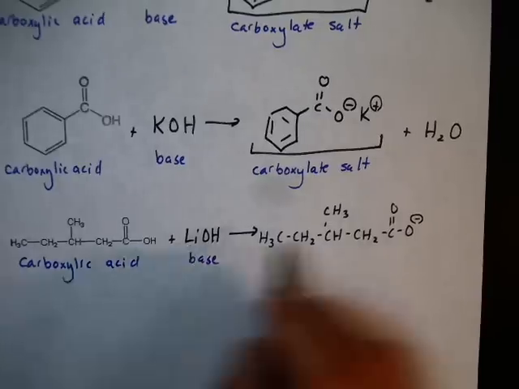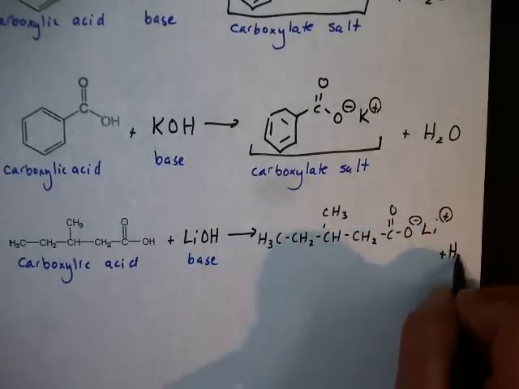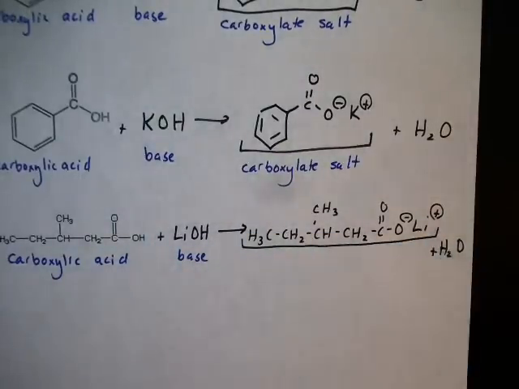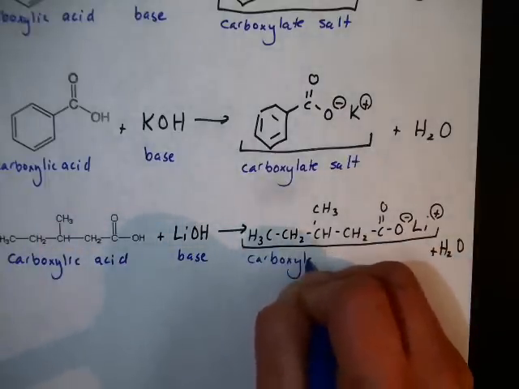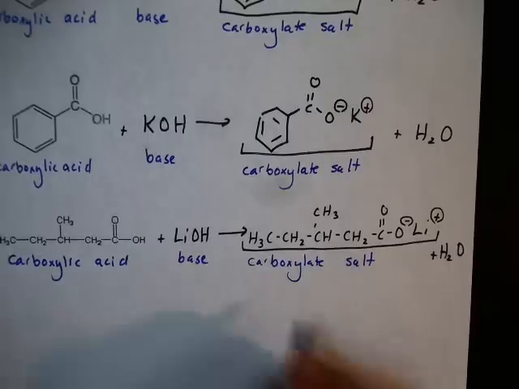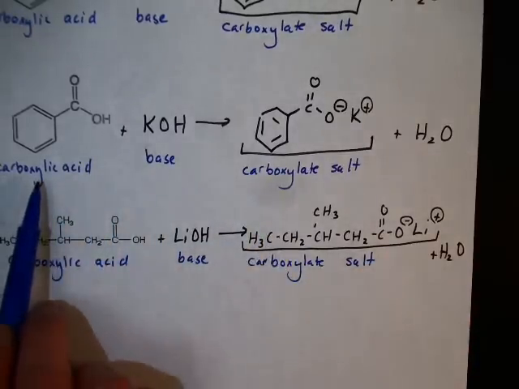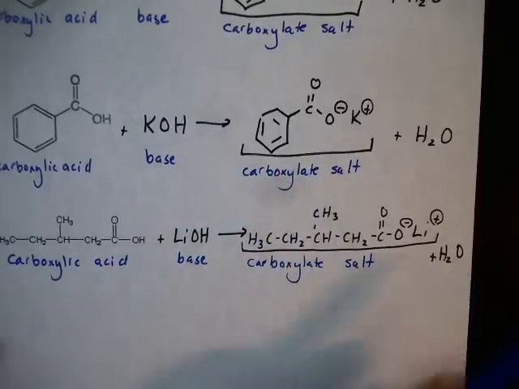The cation is the cation of the base plus water. And this is our carboxylate salt. There you go. Get some more practice if you need it so that you're able to make sense of how carboxylic acid plus base makes a carboxylate salt.